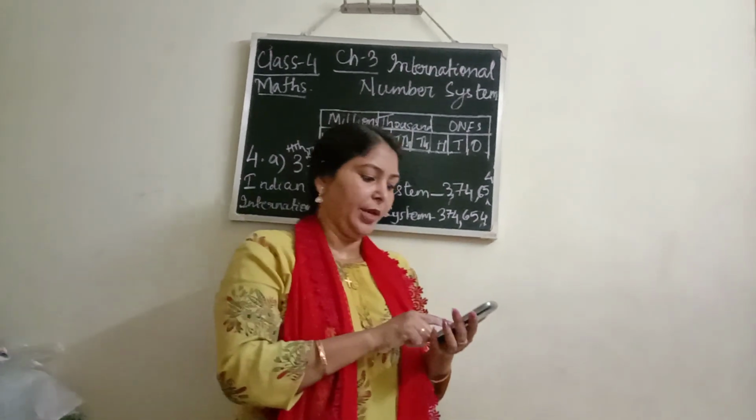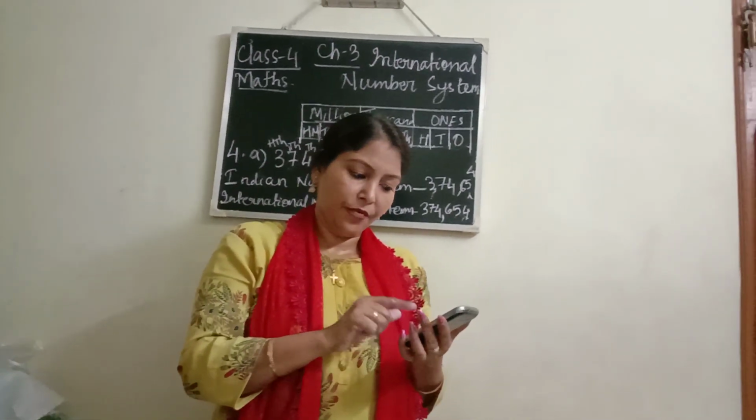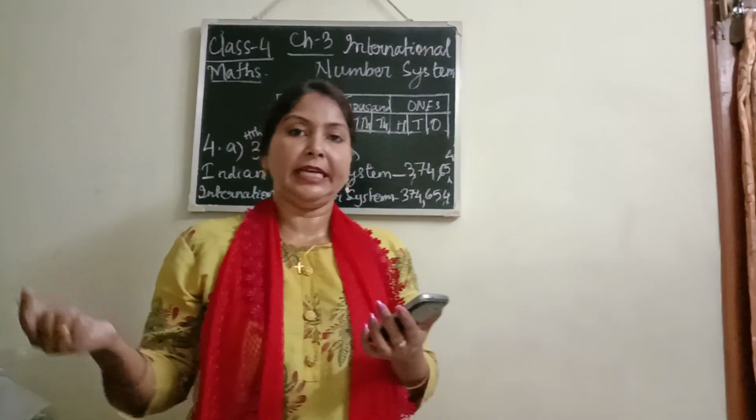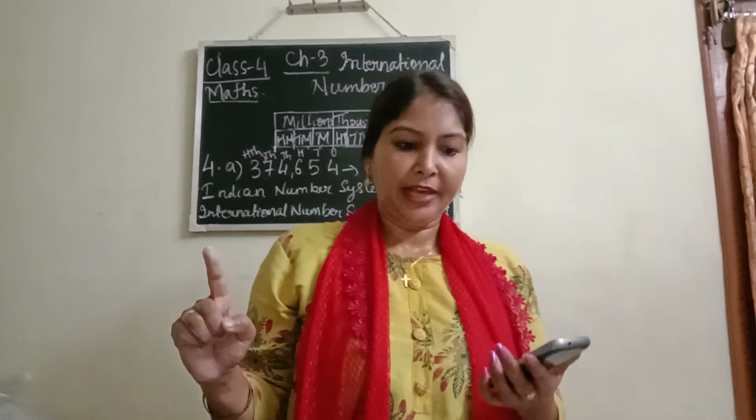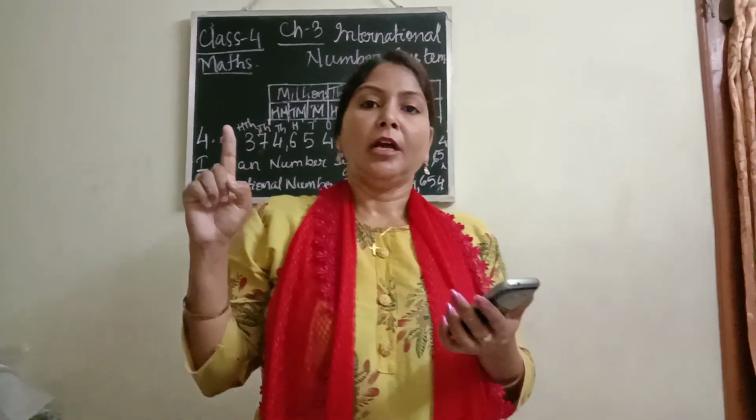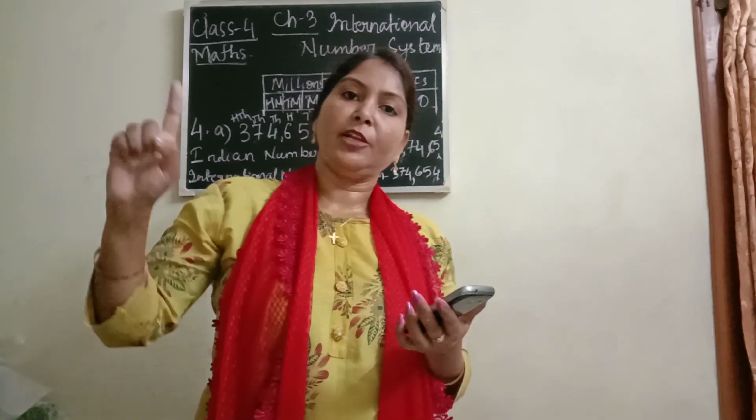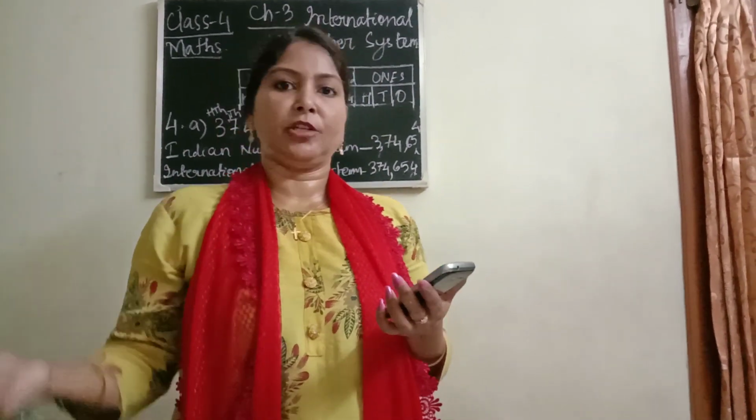Rewrite the following numbers of the Indian number system as per the international number system, and rewrite the following numbers of the international number system as per the Indian number system. So in question number 5, you have been given the Indian number system and you have to write in the international number system.